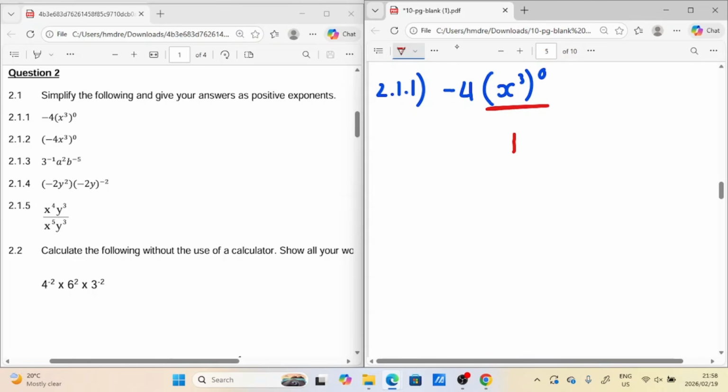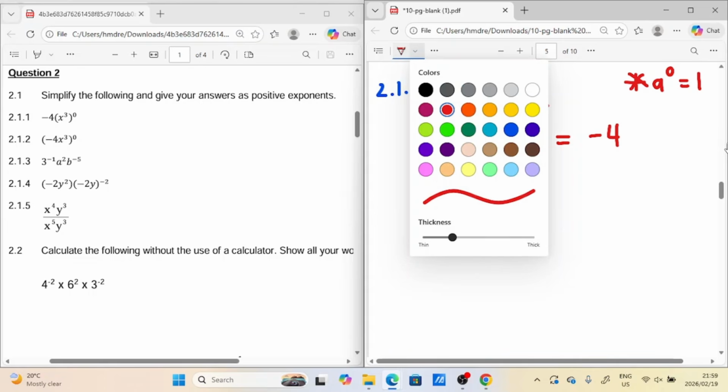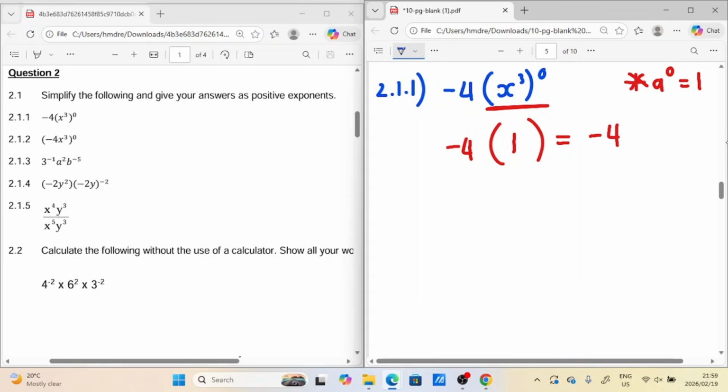So it's just going to be minus 4 times 1. So again, this one is a really straightforward one to get us started. Minus 4 times 1 is minus 4. Okay, so this one, we had to know anything to the power of 0 is 1. That's our law for this one. 2.1.2.